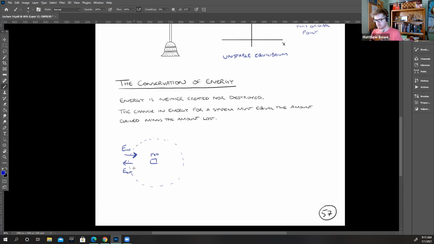So energy is always just transferred from one thing to another. All right. That's just kind of a little conclusion on the theme of this chapter.